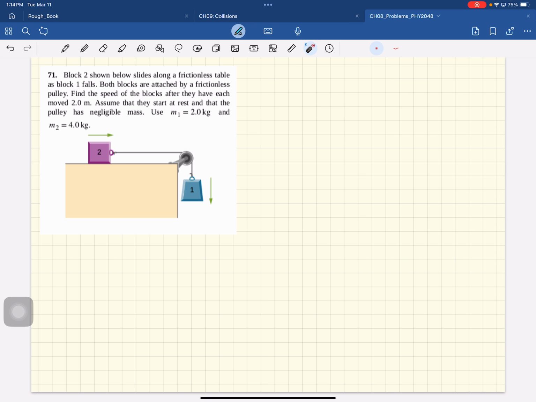So after this thing has fallen 2 meters. Both blocks are attached by a frictionless pulley, and this is a frictionless massless pulley. Assume they start at rest and the pulley has negligible mass. These are the masses. Okay, so initial energy equal to final.